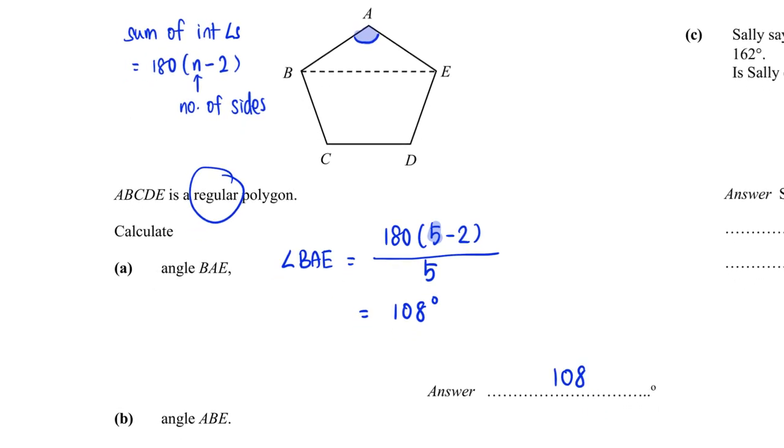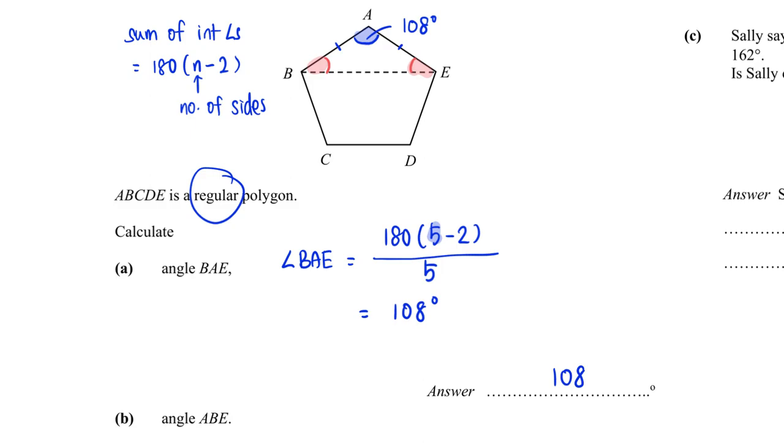Next question is ABE. Do take note, because it is again a regular polygon, all the sides are equal, and therefore I will be able to get angle ABE easily, because do you see an isosceles triangle? And having found out that this is 108 degrees, I could then find my angle ABE quite easily.